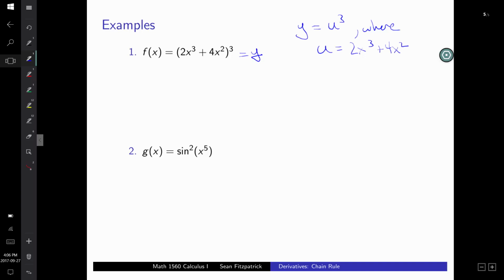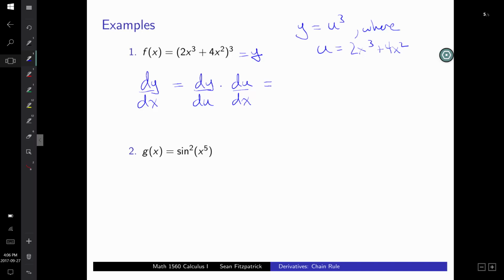If we do it that way and use the Leibniz notation, then dy/dx should be dy/du times du/dx.